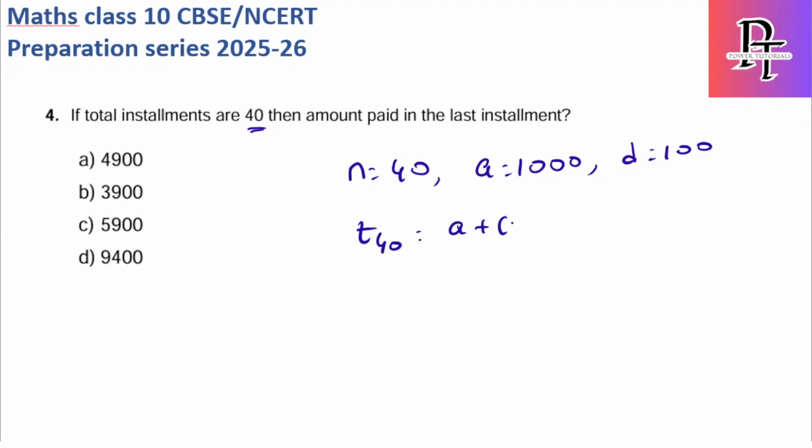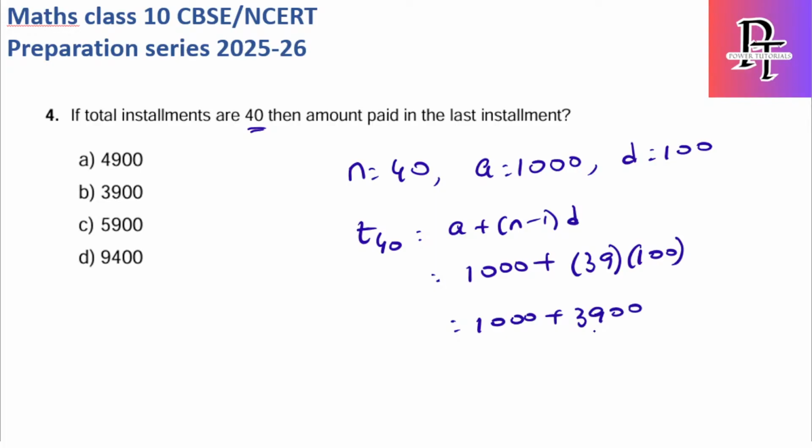That is a plus (n minus 1) into d. So the a value is 1000 plus (40 minus 1, which is 39) into d, which is 100. So it becomes 1000 plus 3900, which is 4900.